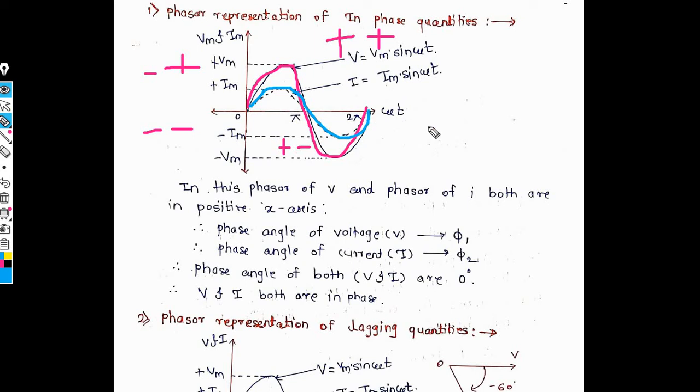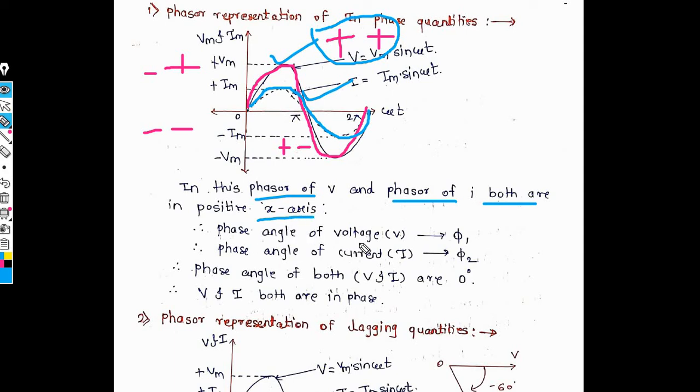The phasor of voltage and the phasor of current are both positive along the x-axis. This is the phasor of voltage, and this is the phasor of current.